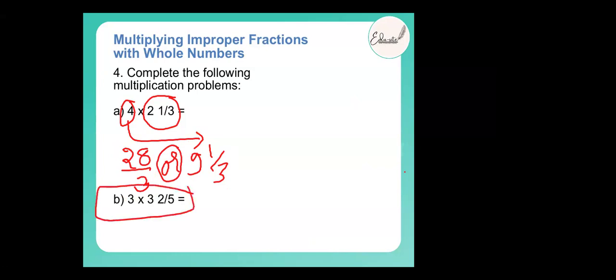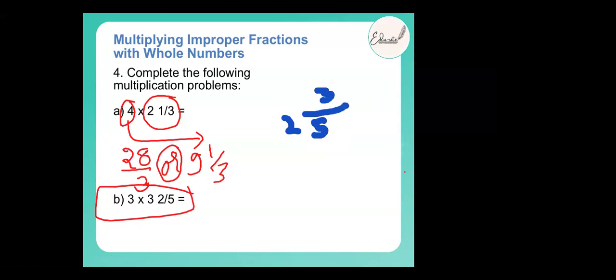This is your problem. So first you make them into fractions.